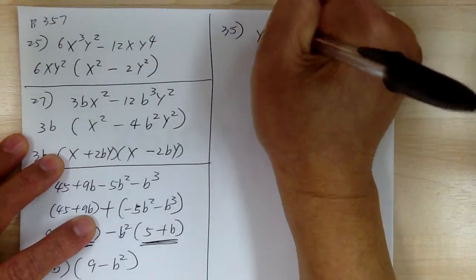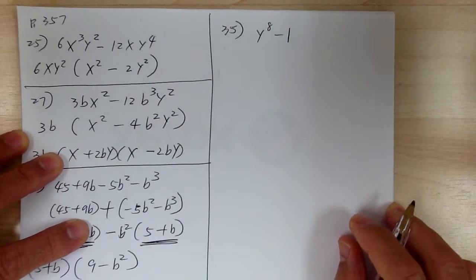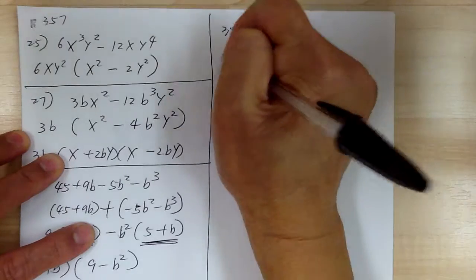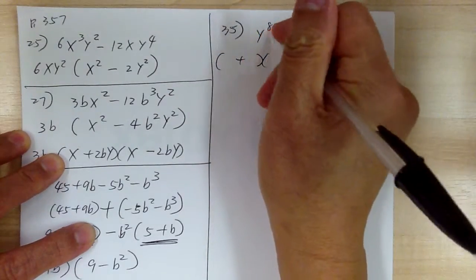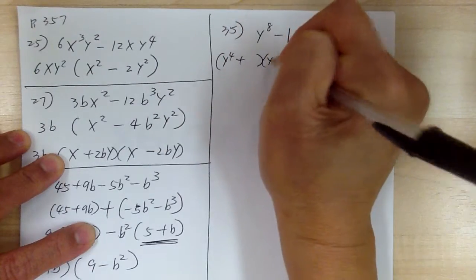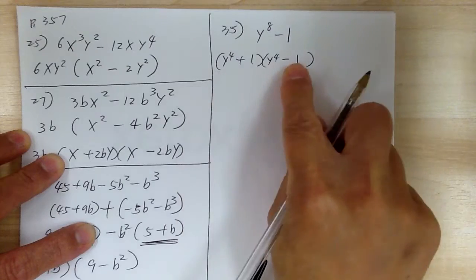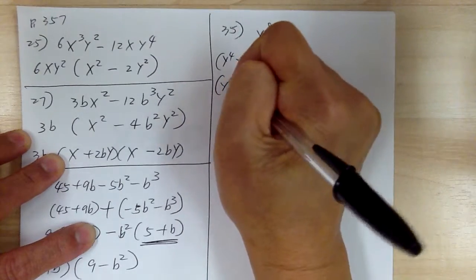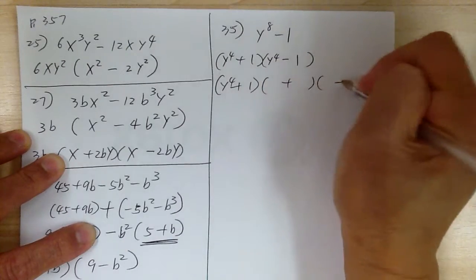Okay, I have y to the 8 minus 1. So step 1, common factor, cannot. Step 2, okay, this is the difference of squares, so I'm going to get my conjugate. So to get y to the 8, I need to get y to the 4, y to the 4. To get 1, I need to get 1 and 1. So this is done, but this one you have to keep going. So I get conjugate again.